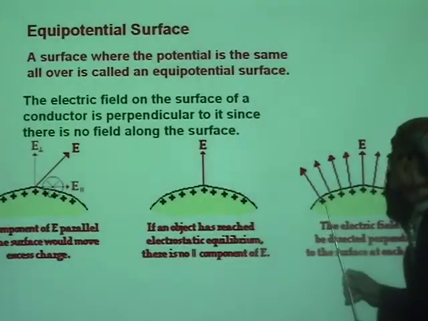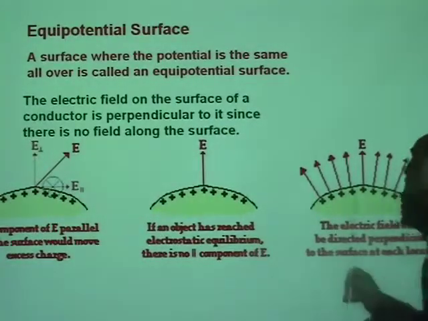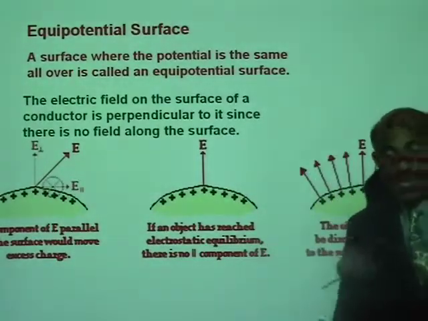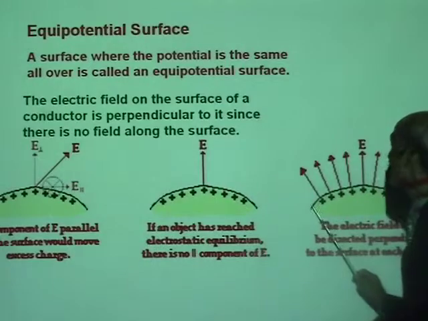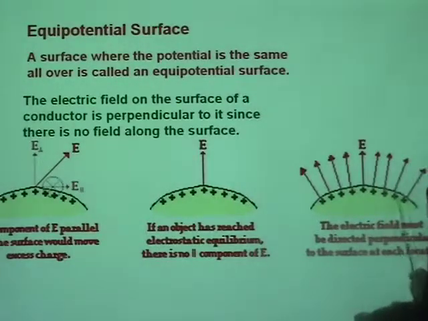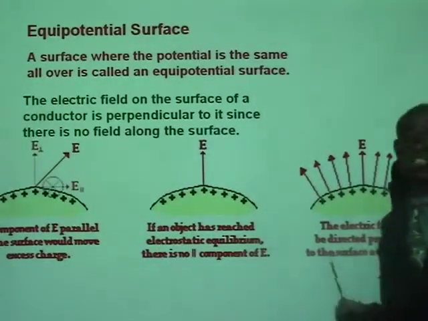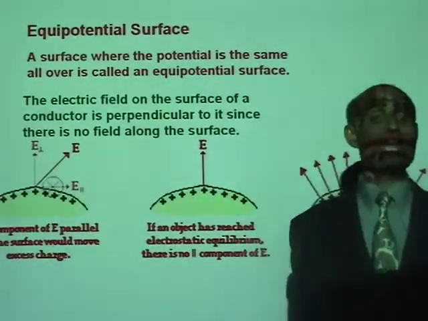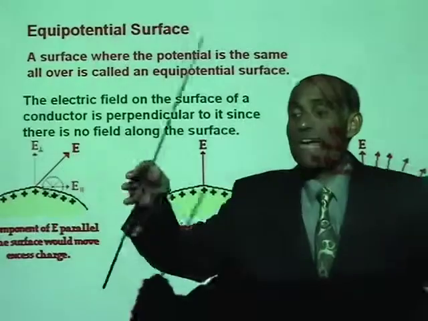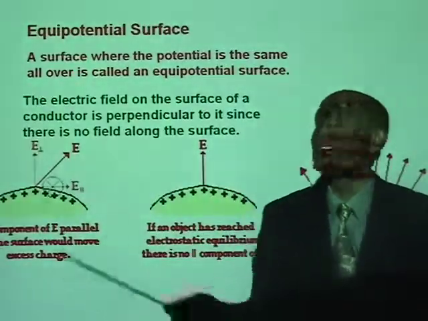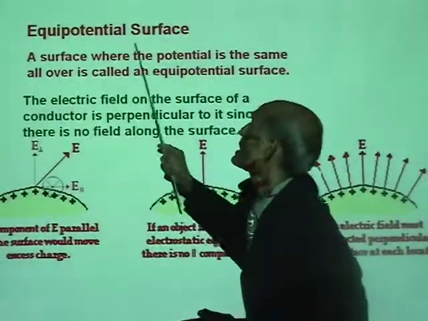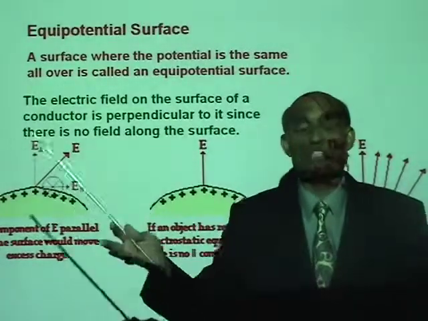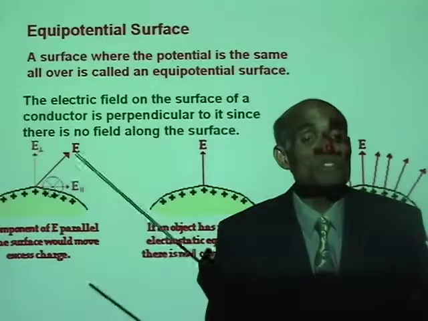There is no electric field along the surface of the conductor, so the potential at any point on the conductor will be a constant. Or we can say the surface of any charged conductor is an equipotential surface. The potential at any point on a charged conductor will be the same.